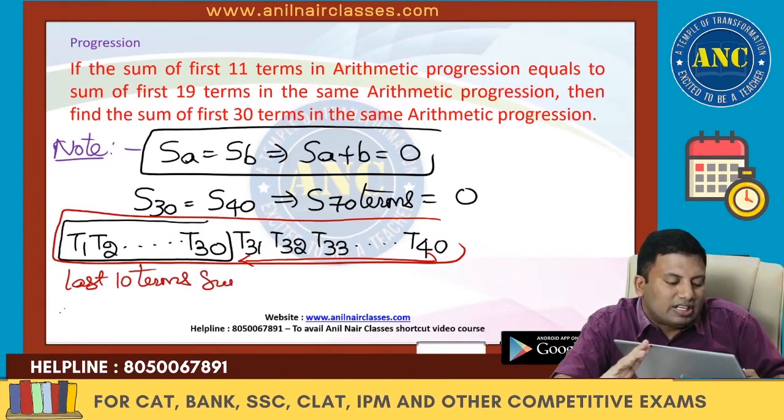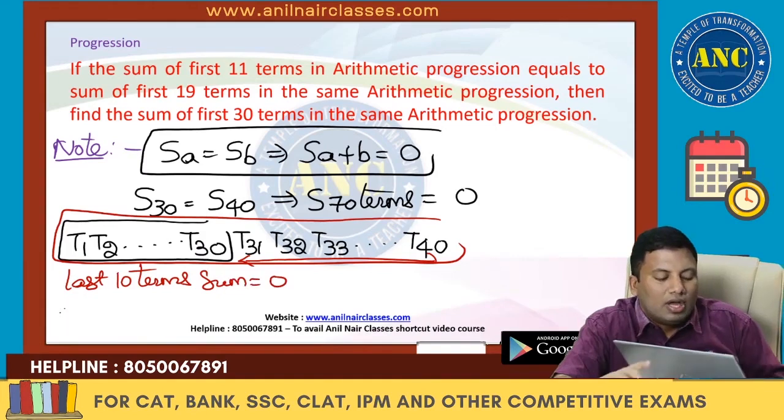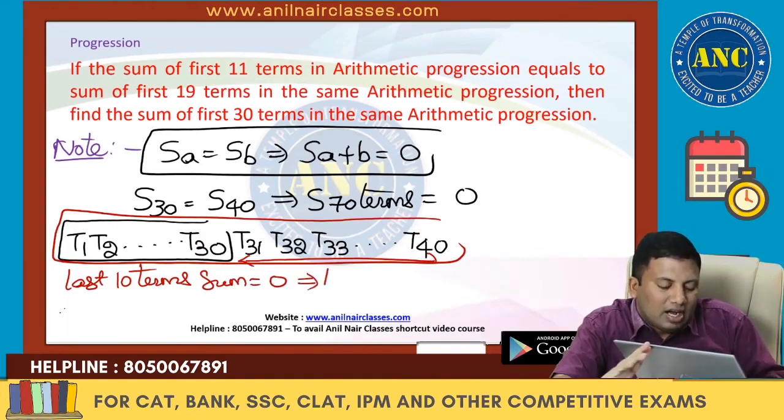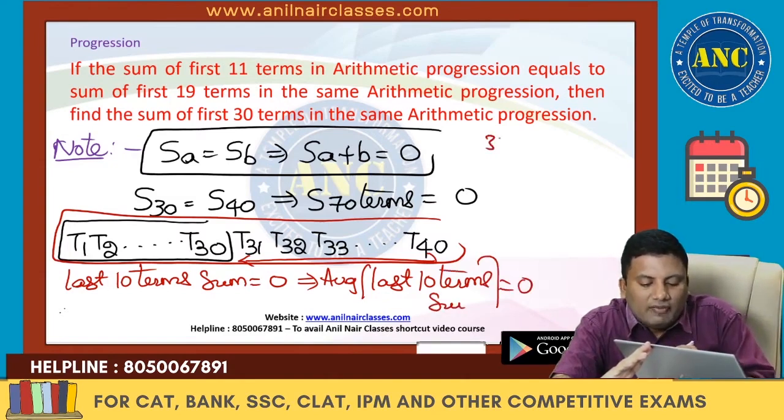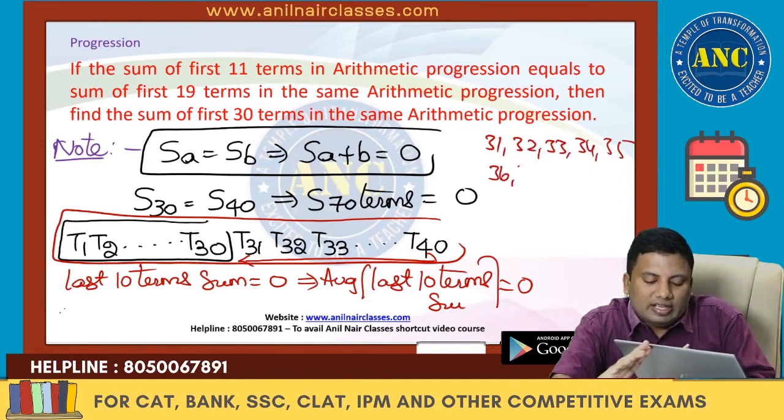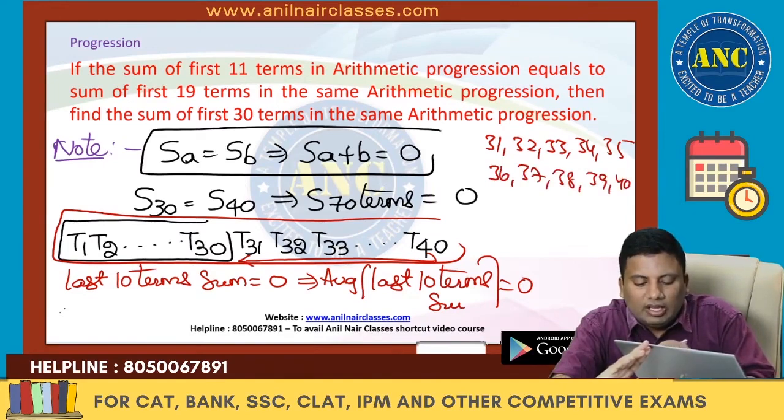If last 10 terms sum is 0, average of these last 10 terms will also be 0. What is the average? 31, 32, 33, 34, 35, 36, 37, 38, 39, 40. What is the middle value?